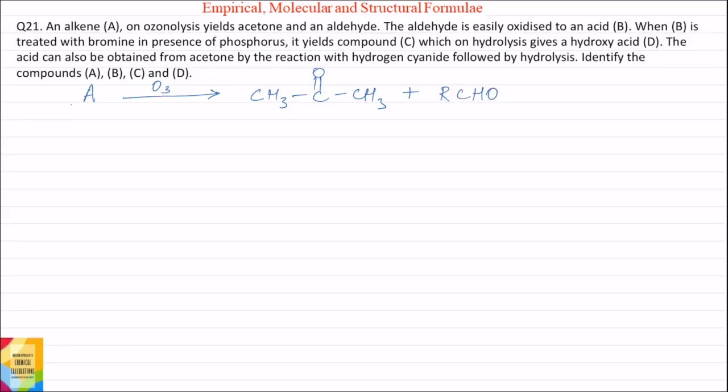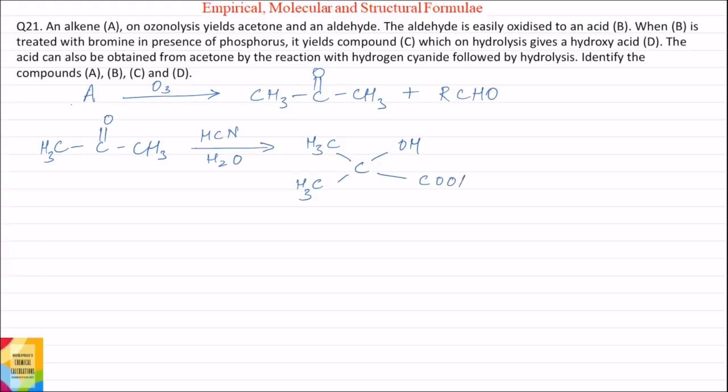Now this acetone on reaction with hydrogen cyanide followed by hydrolysis gives hydroxy acid D. So acetone, CH3COCH3, on treatment with HCN followed by H2O will give a hydroxy acid, that is CH3C(CH3)(OH)COOH. This is the hydroxy acid which will be obtained when acetone is made to react with hydrogen cyanide followed by hydrolysis. So this is the structure of D.